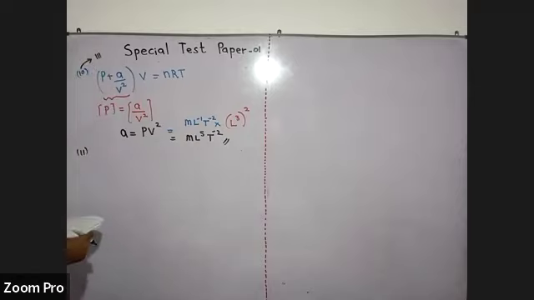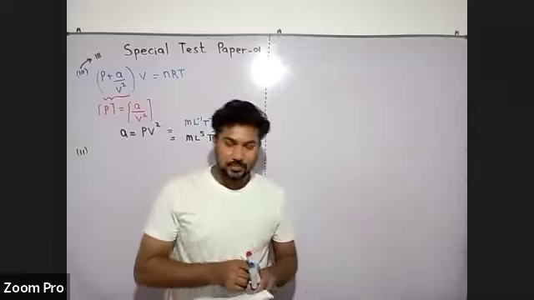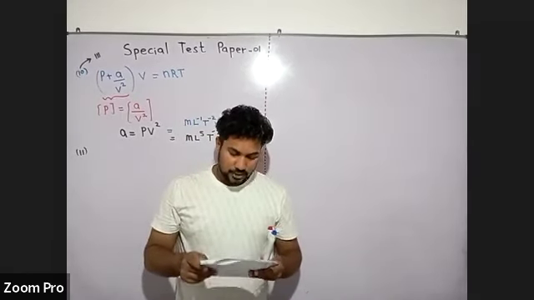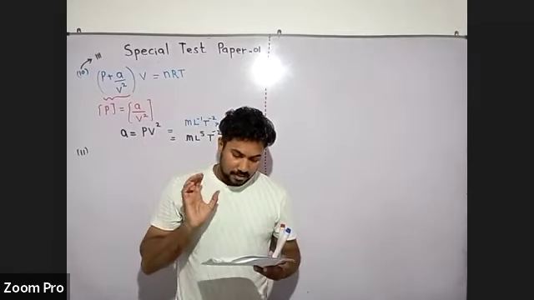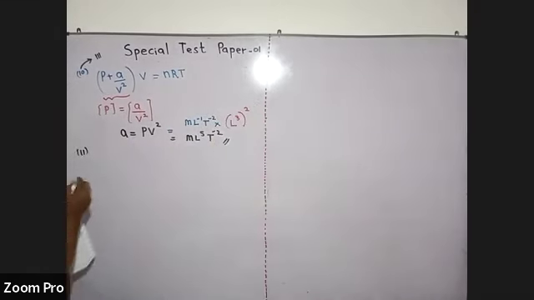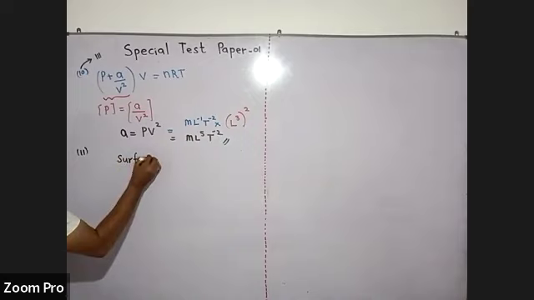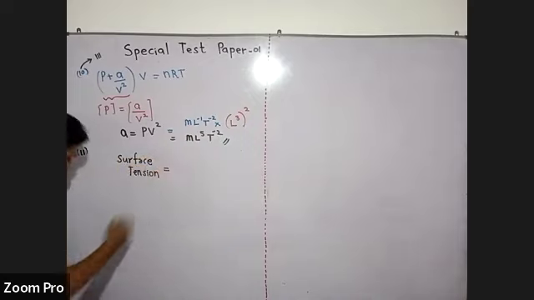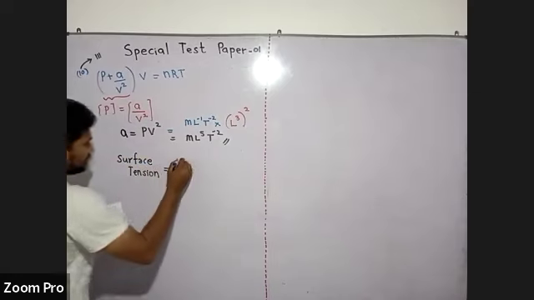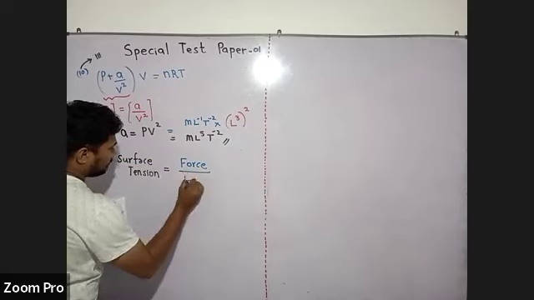Right. In the 11th question, consider the following statements. These are very basic questions, right? Dimensions of pressure: statement A is correct. Dimensions of surface tension: it is also correct. Guys, I think you are familiar with this equation: surface tension can be obtained by using force over length.